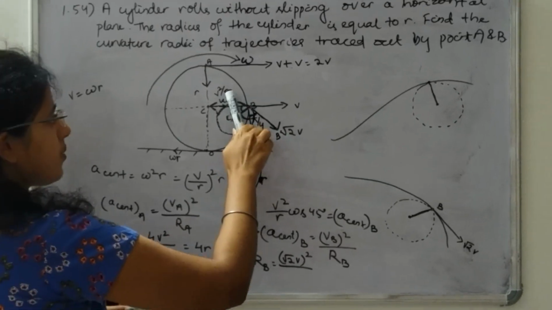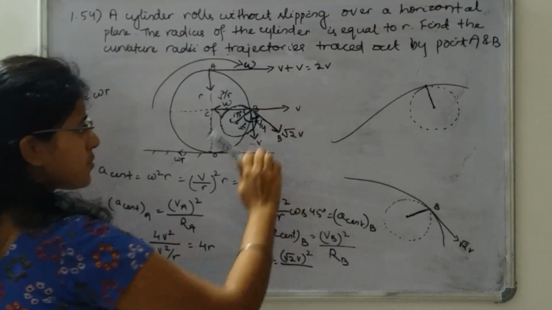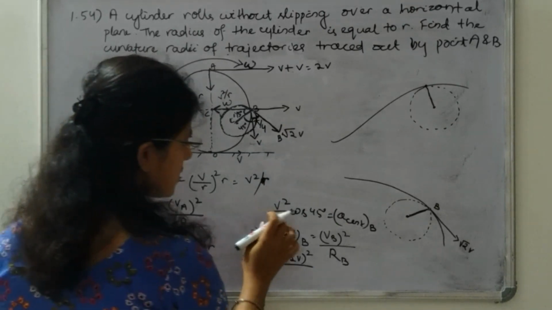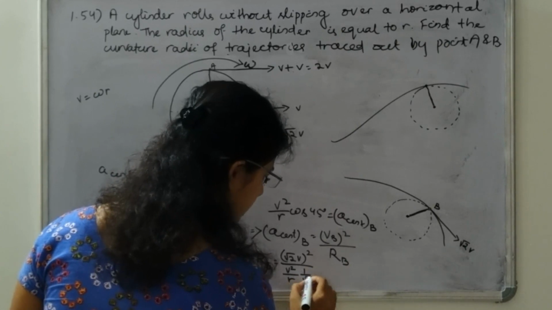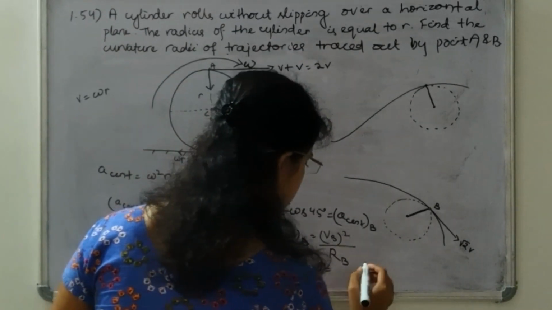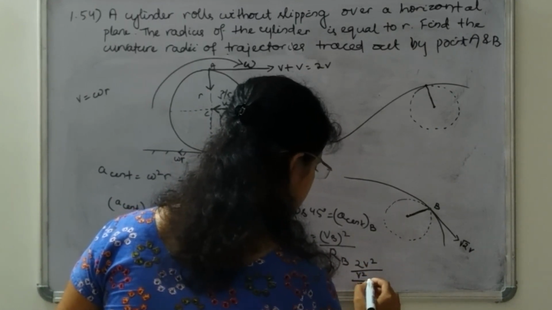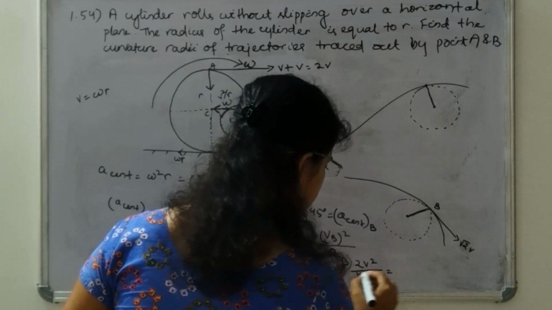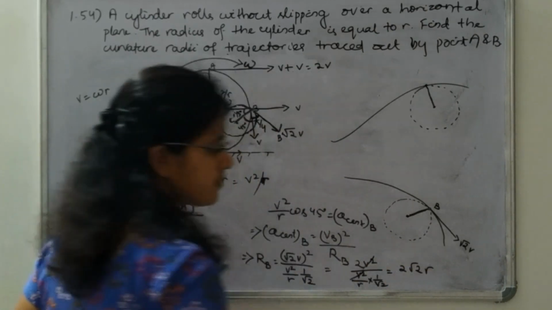That is, the component of this v square by r along this direction is v square by r cos 45 degrees. So this is how much? v square divided by r into 1 by root 2, that is cos 45 degrees. So this is 2v square divided by v square by r into 1 by root 2. V square cancels out and this is 2 root 2 into r.